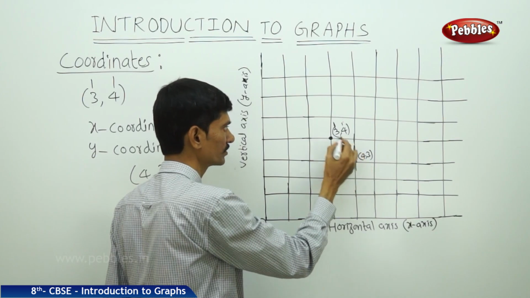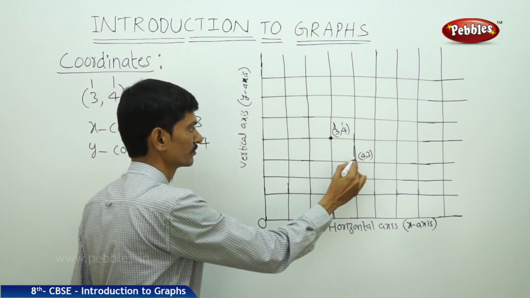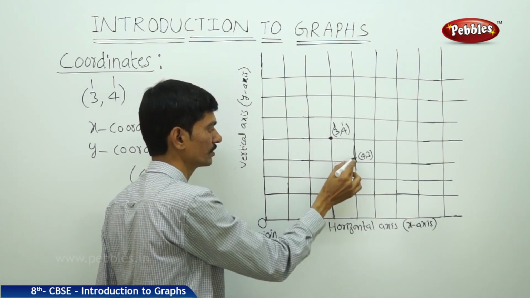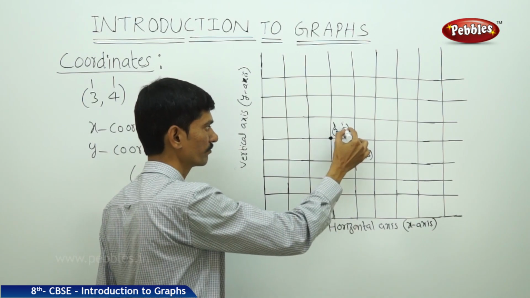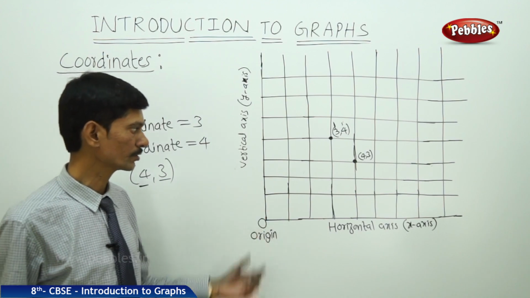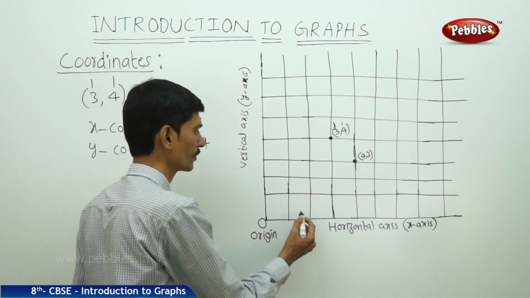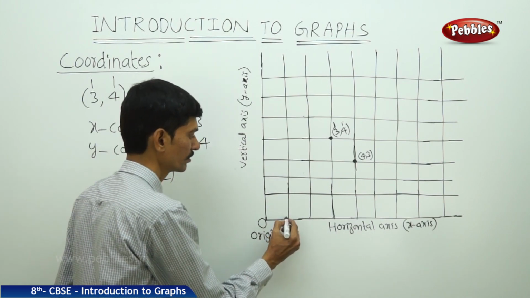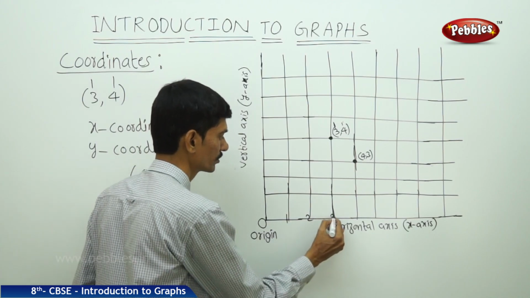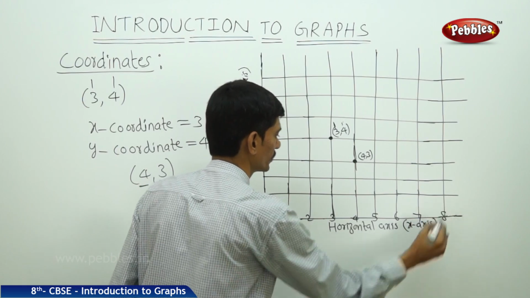So these 2 points (3, 4) and (4, 3) are both different. If you observe, the first coordinates are 3 and 4 in the 2 points, and the second coordinates are 4 and 3. Now it is difficult for us to count and move to the right or up. So let us give the numbers on both the axes. Here for each 1 unit we give the numbers 1, 2, 3, 4, 5, 6, 7, 8 and so on.